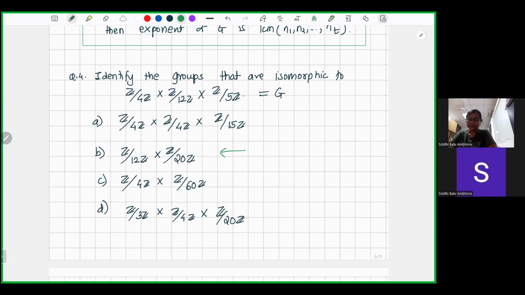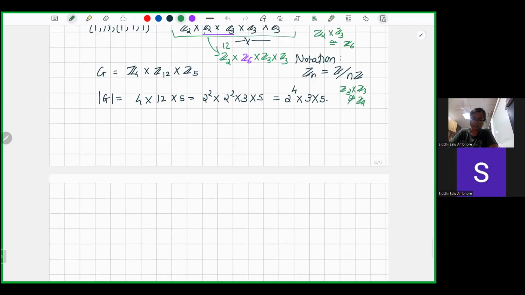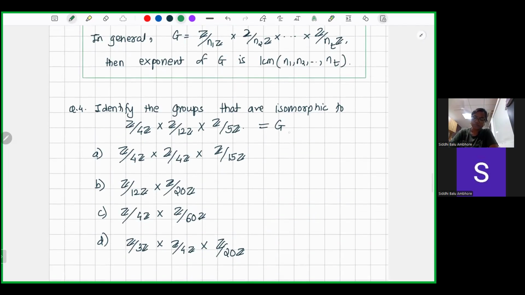So let us now check whether this is possible or not. If you check, the order of this group, the order of G, is 240 here. I hope this is 240. Yes, it is 240. Here the order of the group is 15 into 16.